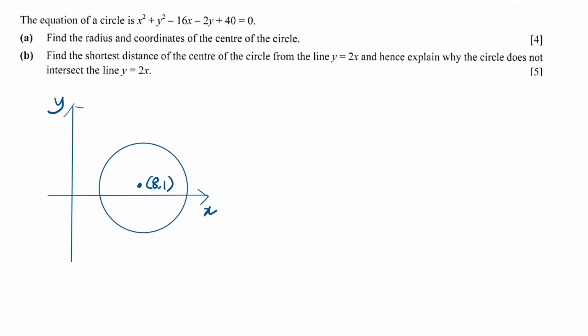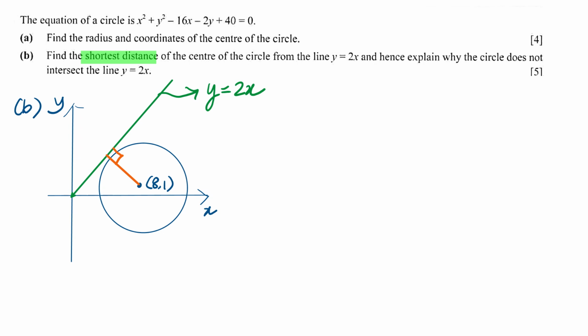Let's also draw the line y equals 2x. So the shortest distance of the center of the circle from the line y equals 2x will be the perpendicular distance. Yes, the perpendicular distance from the center of the circle to the line y equals 2x.